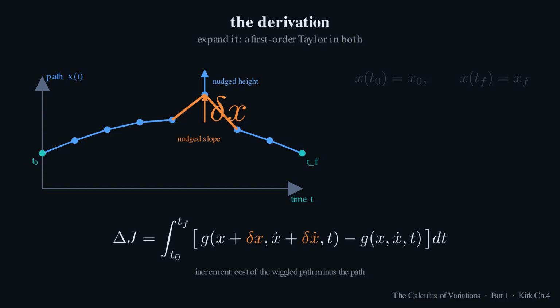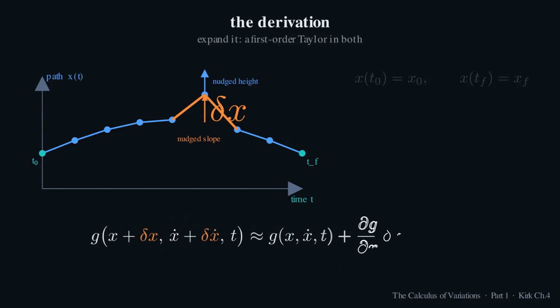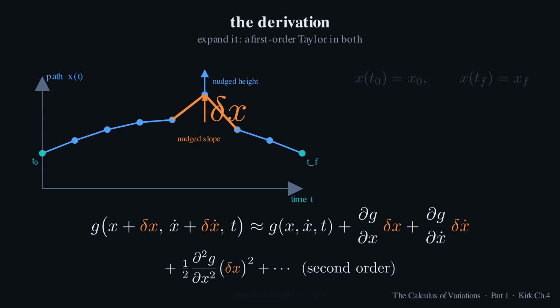Expand it. A first order Taylor expansion in both. You get the original g plus the sensitivity to height, partial g by partial x, times the height wiggle delta x, plus the sensitivity to slope, partial g by partial x dot, times the slope wiggle delta x dot. There's a leftover, a term in delta x squared and smaller.